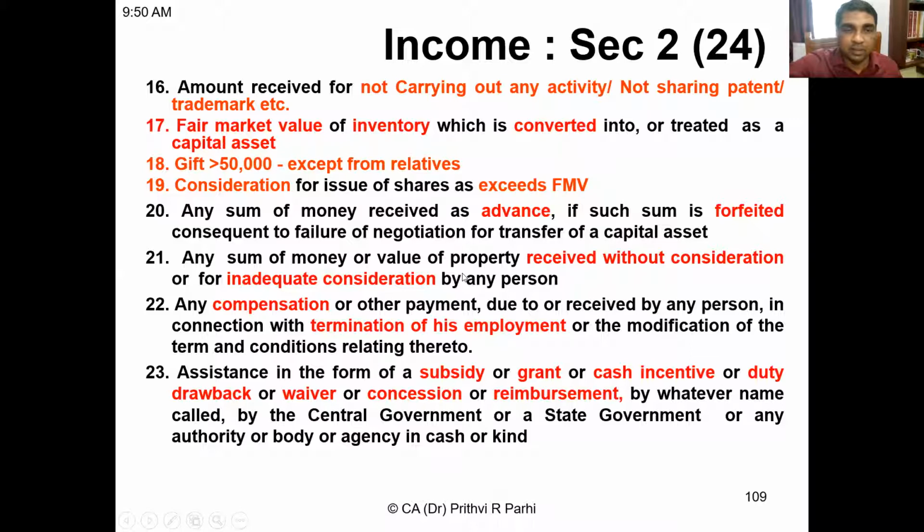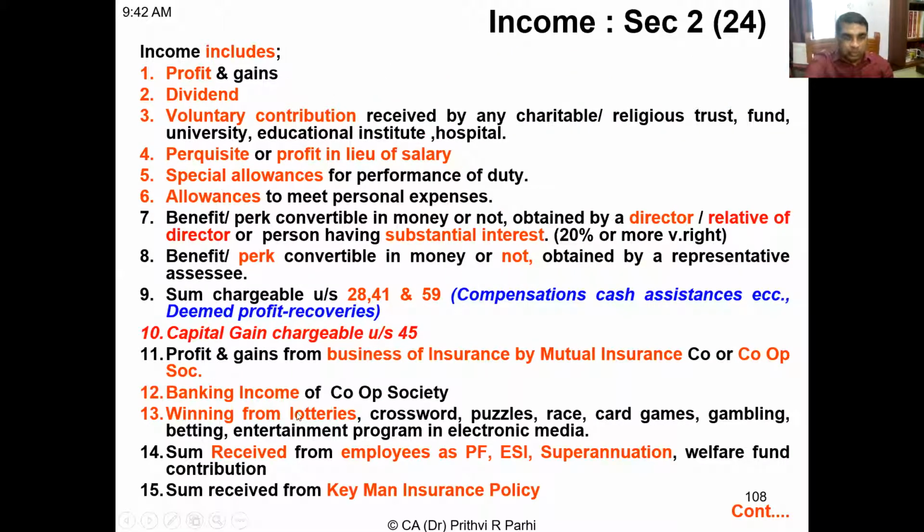Here I was showing you this particular item, winning from lotteries, crossword puzzles, gambling, etc. Earlier, this provision was worded differently. Now it has been amended, it has been corrected. It was like this, winning from lotteries, crossword puzzles. Here, race was not there. Here it was there, horse race.